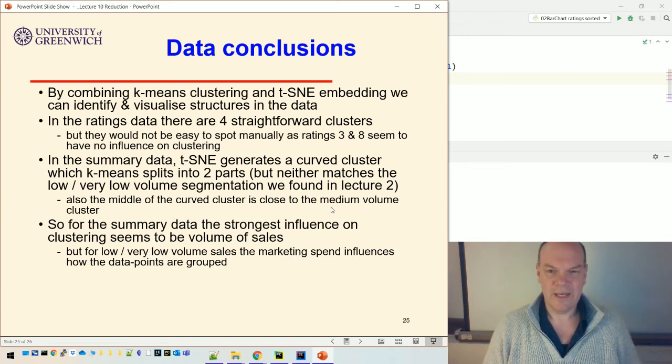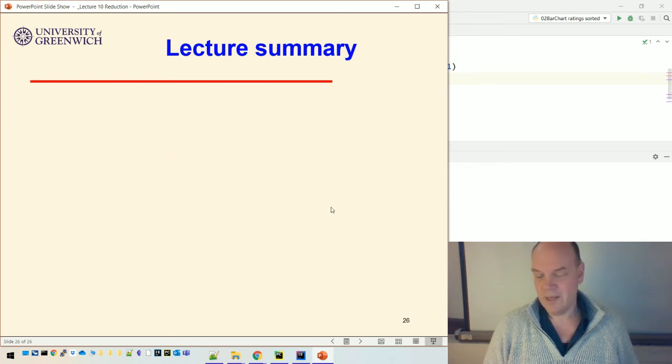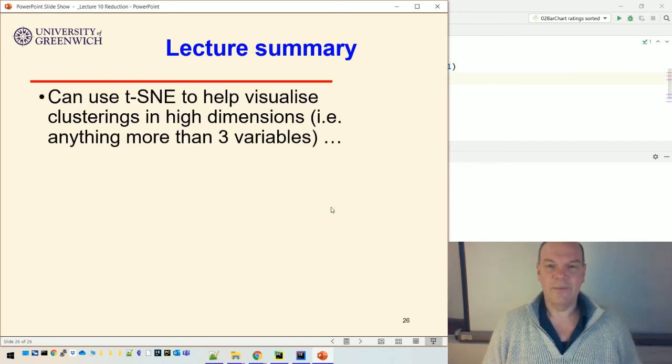Sometimes you can't get any further than saying that seems to be what's driving the clustering, but often that can be enough. Okay, so what have we seen today? We've seen the data analysis. In terms of what we've seen from the lecture, we can see that tSNE can help to visualize clusterings in high dimensions. So it helps to make sense of some of the k-means clusterings that we looked at last week.